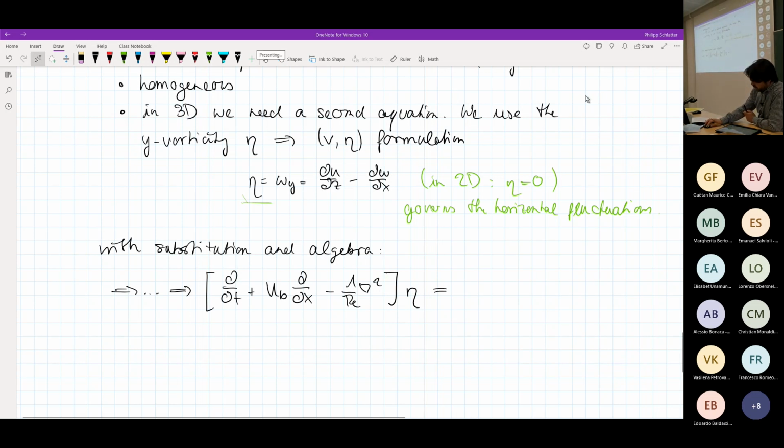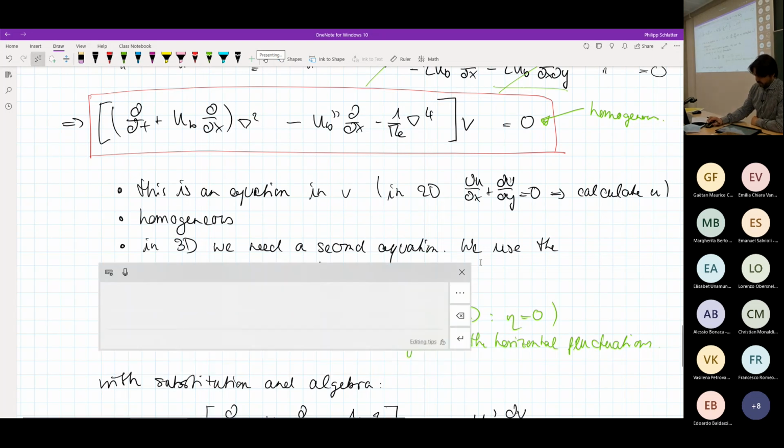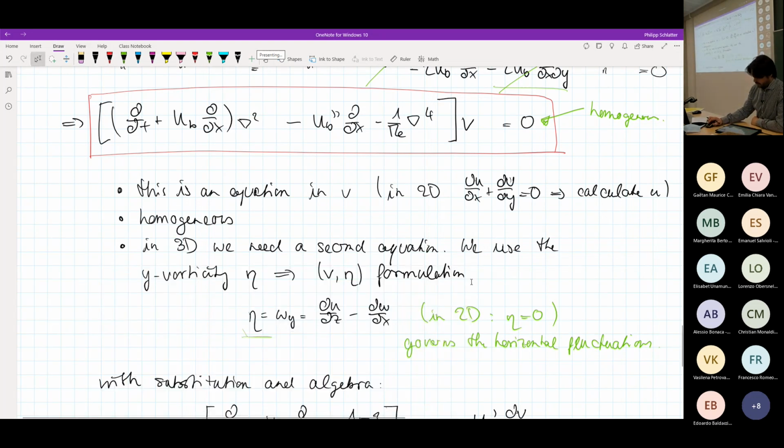You have something on the right side, which is minus ub prime times dv dz. So this is the eta equation corresponding to the v equation that we had above. So also just putting that in the frame.